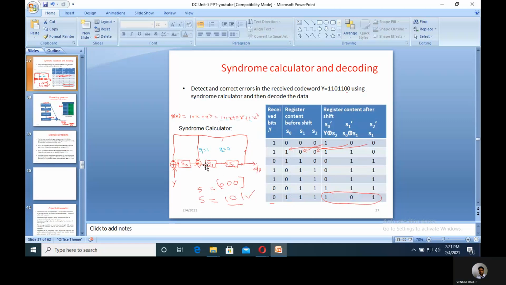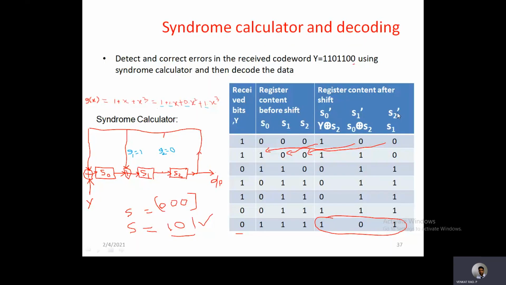Because the S1 content will come from S0 and the S2 feedback path. So S1 dash is equal to S0 XOR with S2. Then S2 dash: S1 is directly connected to S2, so S2 dash is equal to S1.